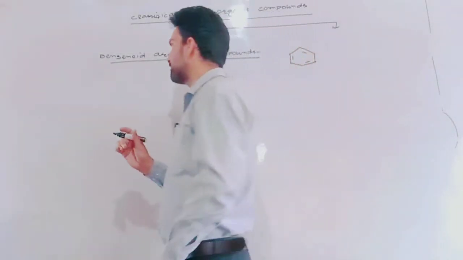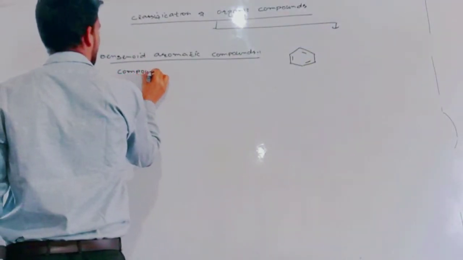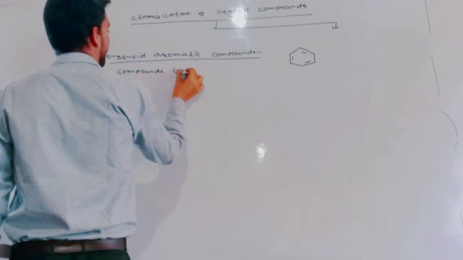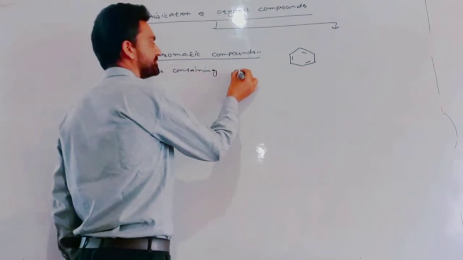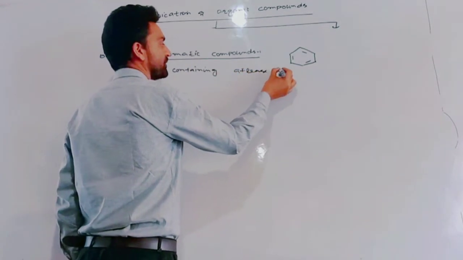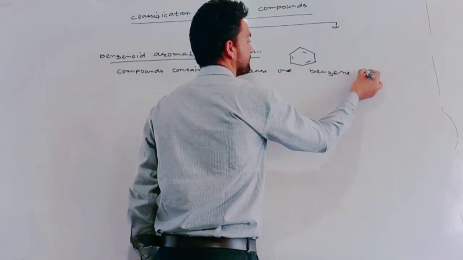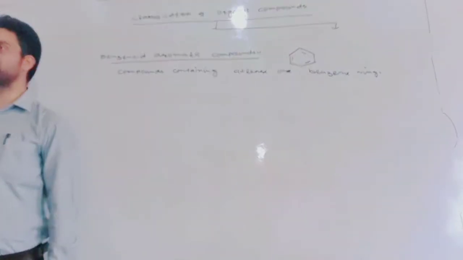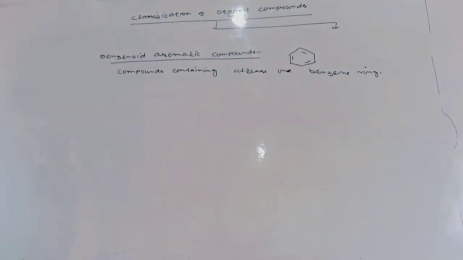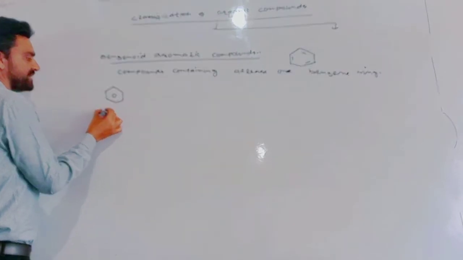Write it down: compounds containing at least one benzene ring. A minimum of one benzene ring should be there; they are called benzenoid aromatic compounds. Let me give examples. What is the name of this compound? Is it benzene?